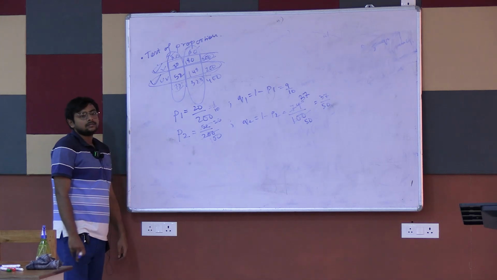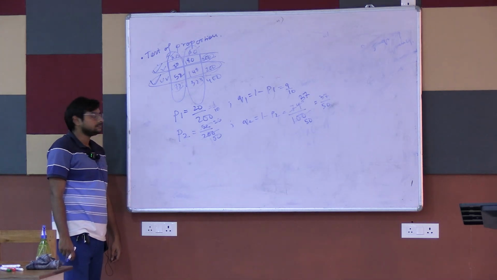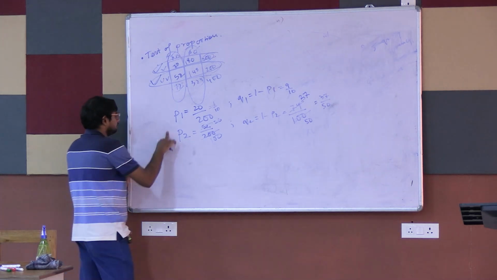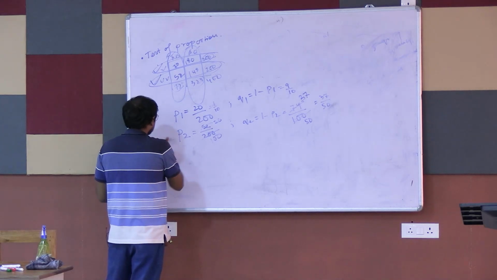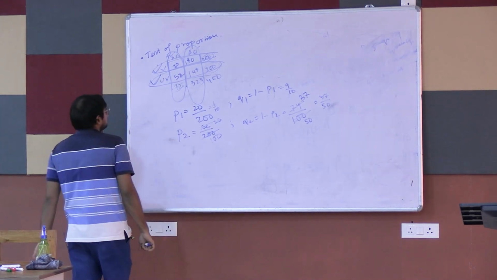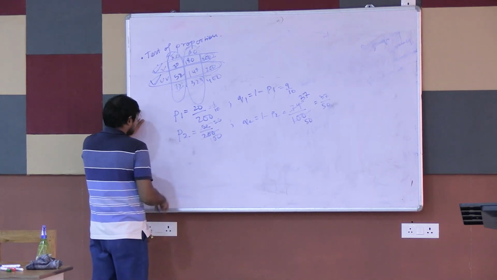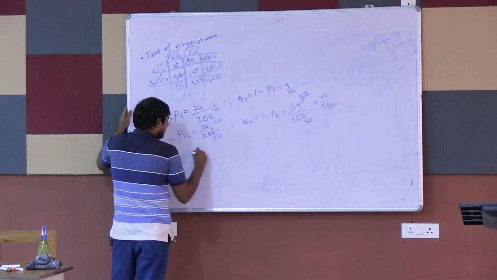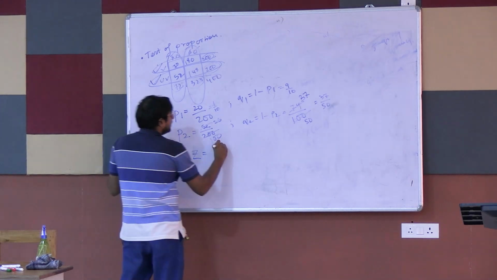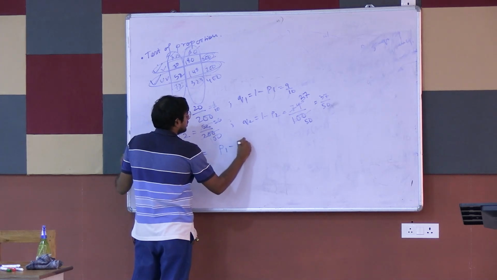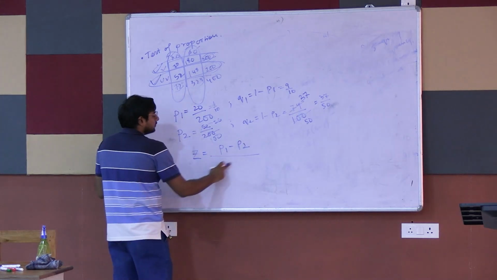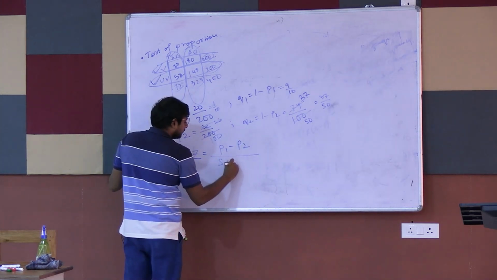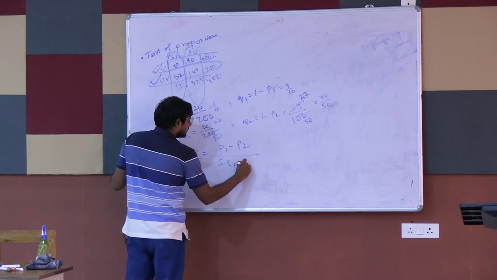This much is defined. Now, the test statistic Z is equal to P1 minus P2 divided by the standard error of P1 minus P2.